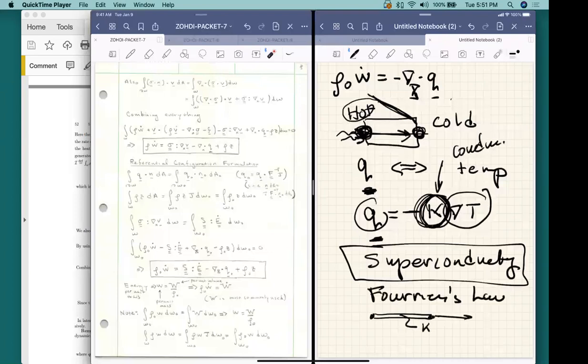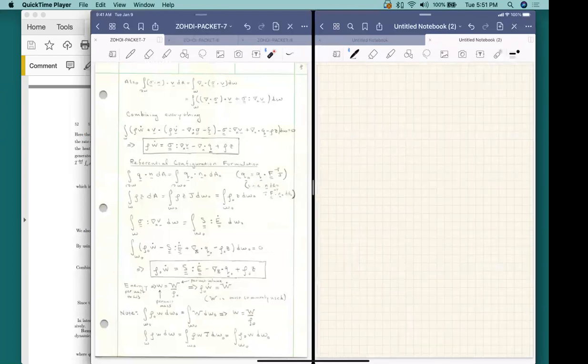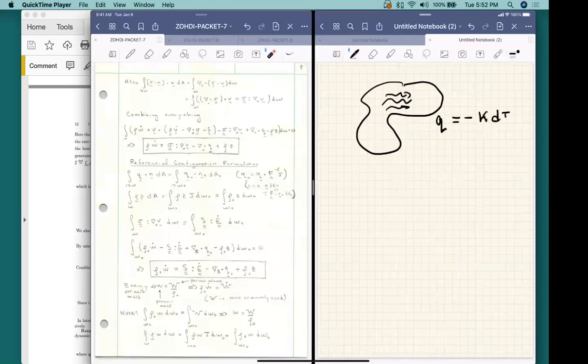Now, if we start to consider a more complicated body, with a complicated geometry, where the flow of heat can start to move in many different directions, the problem there is we need to have a much more advanced version of Fourier's law. So in 1D, Fourier's law says the heat flow is equal to minus K times the derivative of the temperature with respect to X. That's a 1D version of this, where X is in this direction.